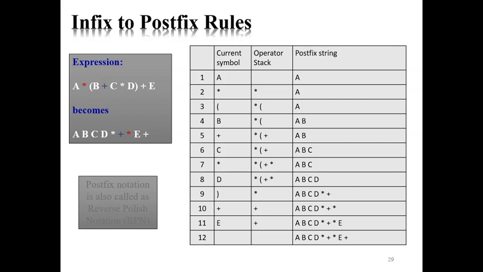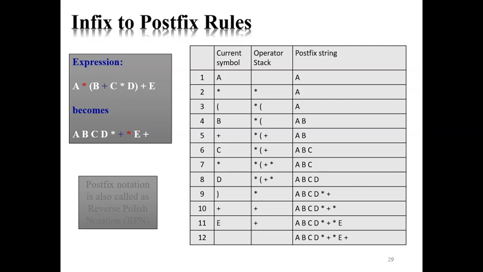and the left parenthesis gives us A, then B. The multiplication sign and left parenthesis gives us a and b, plus times left parenthesis plus gives us a and b, c, and times left parenthesis plus gives us abc.